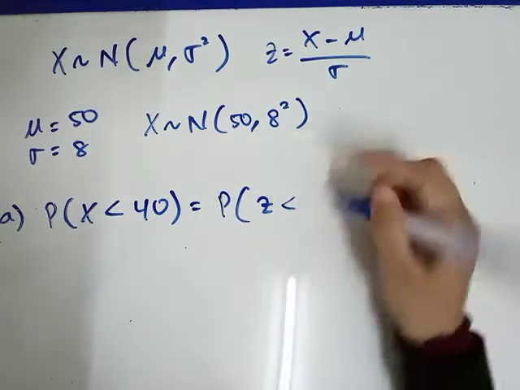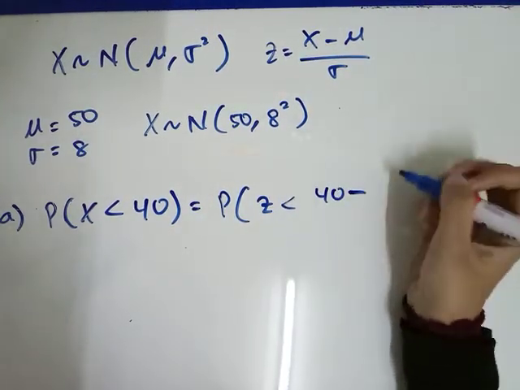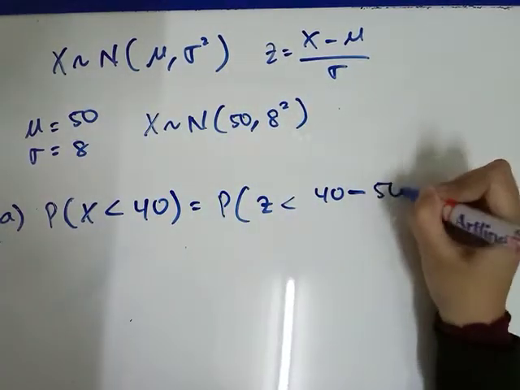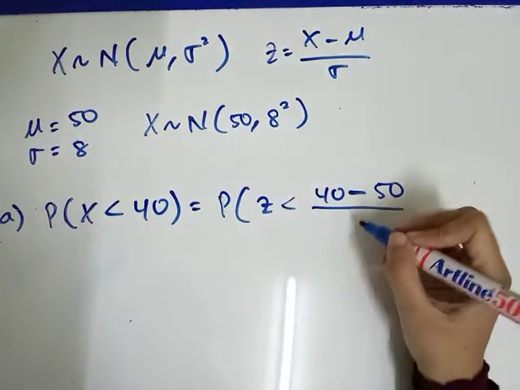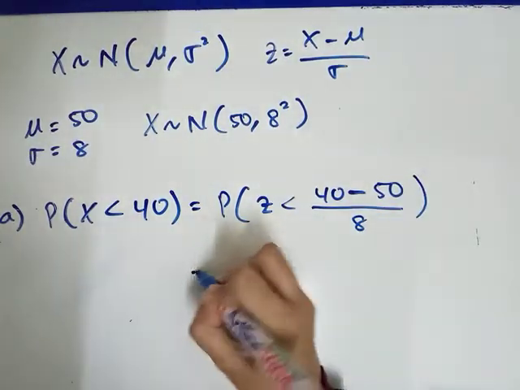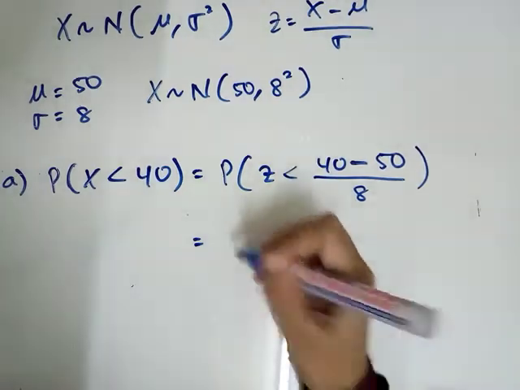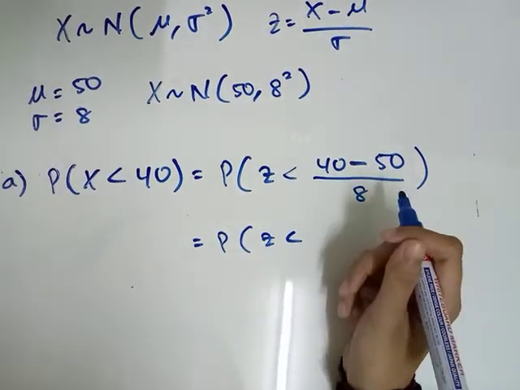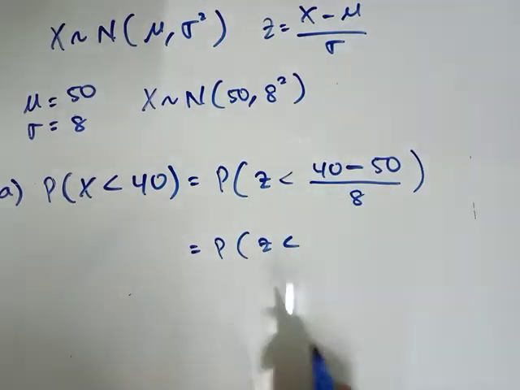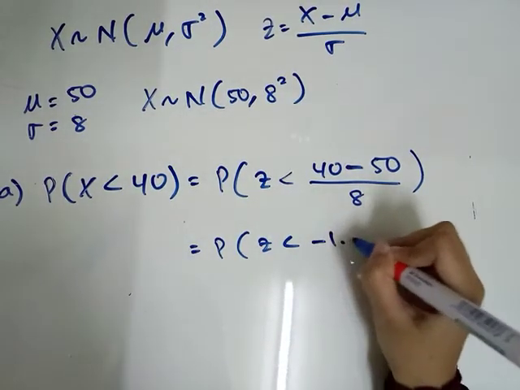When X is 40, minus mean. Mean is 50. Divided by standard deviation, which is 8. Then cuba calculate. You will get negative 1.25.